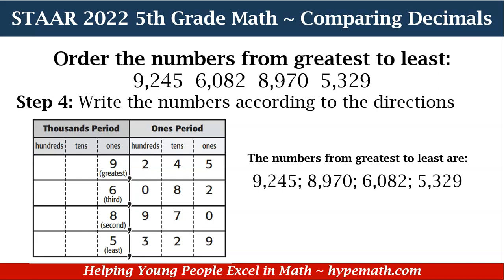Now we're going to ask ourselves, what is the second largest number? And that is 8. So 8,970 is the second number in our list. Now we just need to look at 6 and 5. What's the greatest number between 6 and 5? It is 6. So 6,082 would be our third number in our list. And last, we have 5,329, which is the least or smallest number in our list.